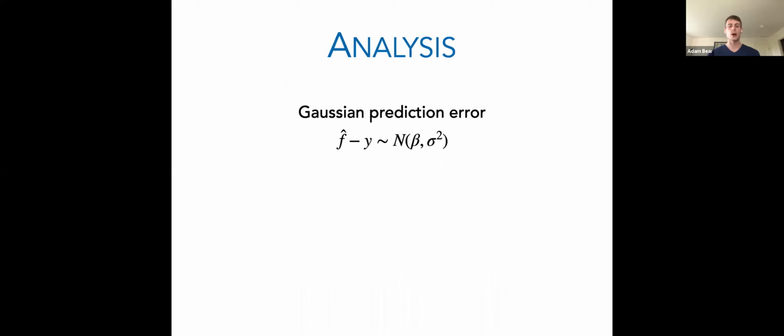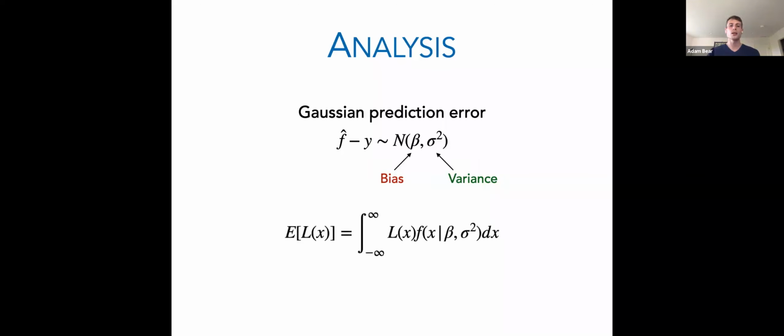We do this in a very general way by assuming that prediction error follows a Gaussian or normal distribution, where ideally you want to minimize this prediction error and get 0. So the mean of this Gaussian is beta, which is our bias in the machine learning language. And the variance is, of course, variance. And we're computing expected loss by just getting the area under the curve of the product of loss with these probabilities.